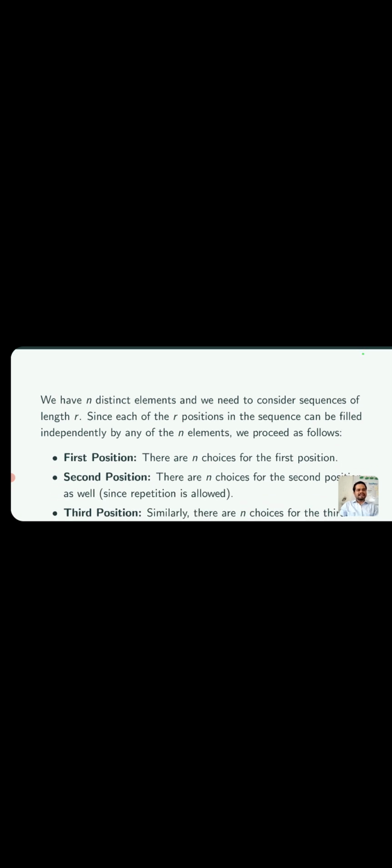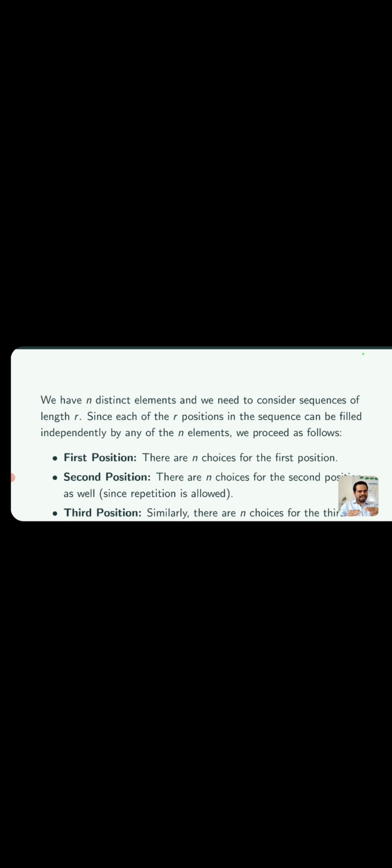Let us first see the proof of this theorem. It is given that n distinct elements are there and we have to take out r elements. So the r positions in the sequence can be filled independently by any of the n elements. We can proceed: there are n choices for the first position.